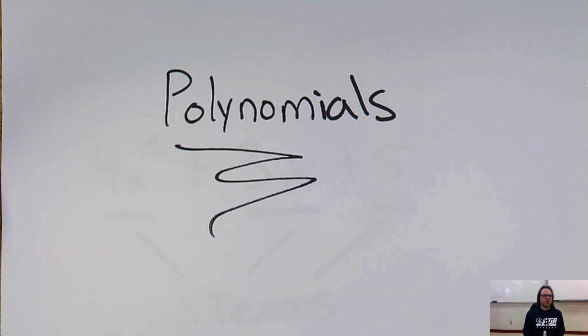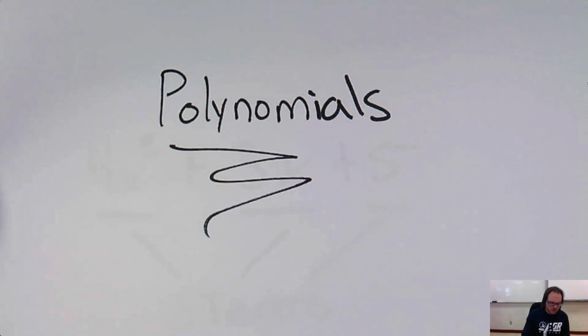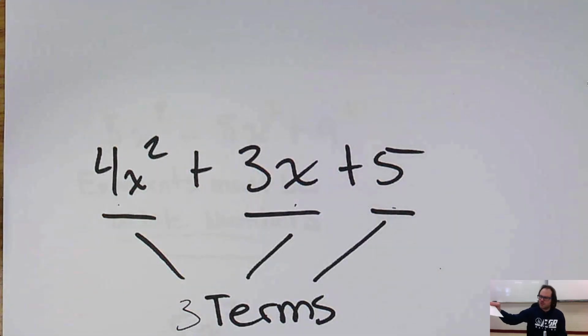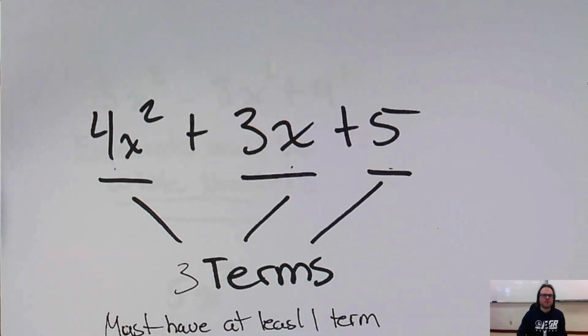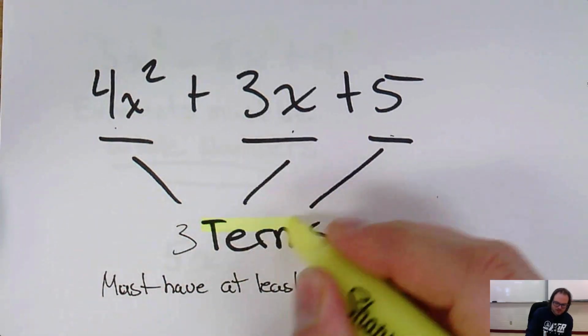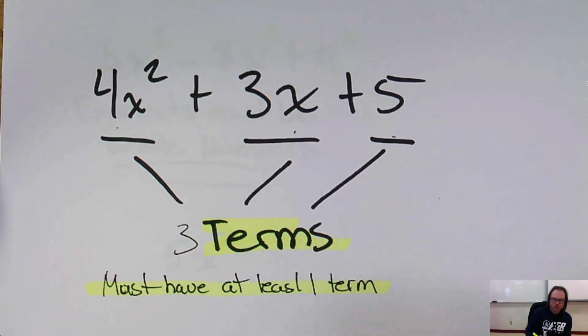What is a polynomial? But to get there, we first must look at a few parts of a polynomial, or restrictions to polynomials, or you might say boundaries. So first of all, a polynomial has terms. There must be at least one term.